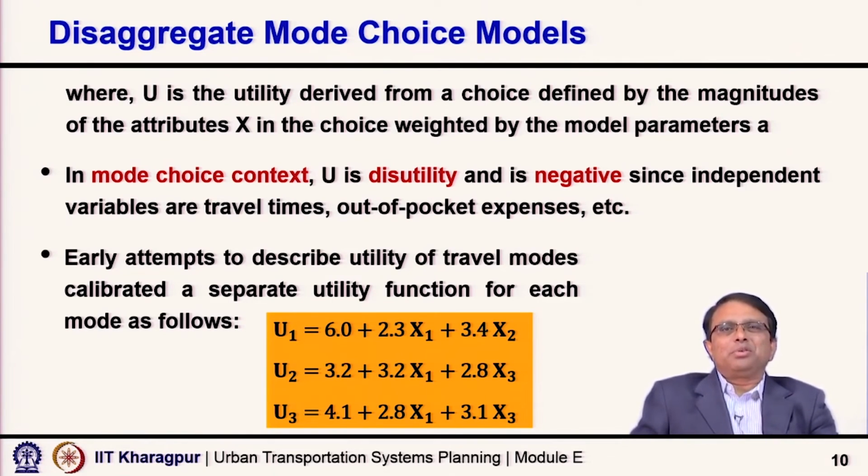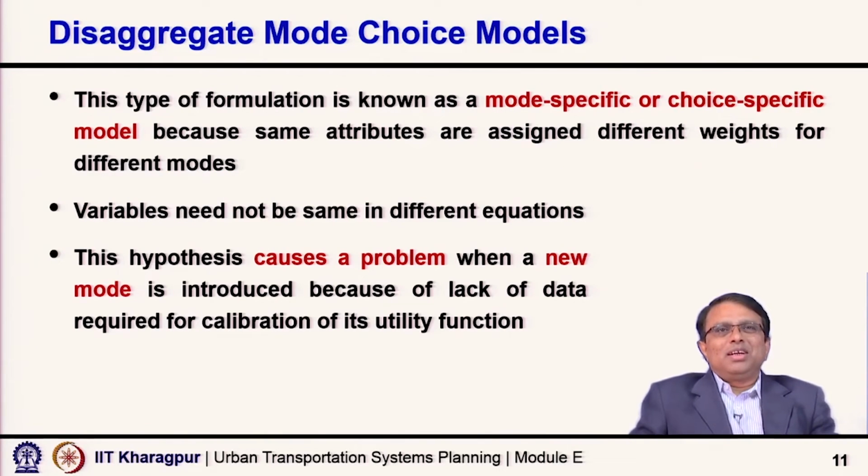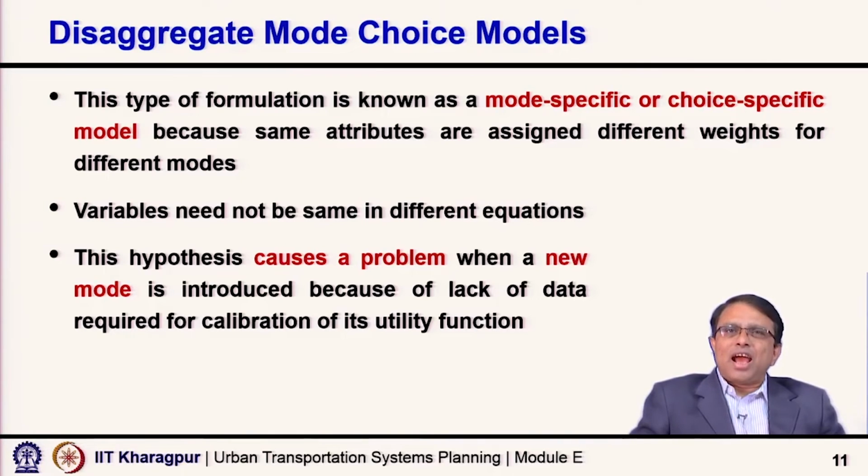But then there were certain problems. This type of formulation is known as a mode specific or choice specific model, because the attributes are weighted as per the alternatives, right.